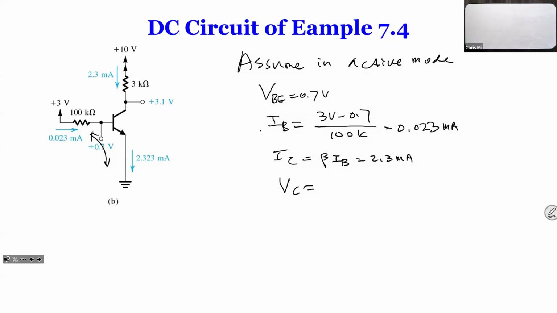Because IC will be enough to calculate gm and so on. The reason we need to find VC is we want to verify that this circuit is in active mode. So VC is going to be 10 volts minus 3 kilo ohm times IC. IC is 2.3, so 6.9, which gives 3.1 volts. And 3.1 volts is going to be larger than 0.3.